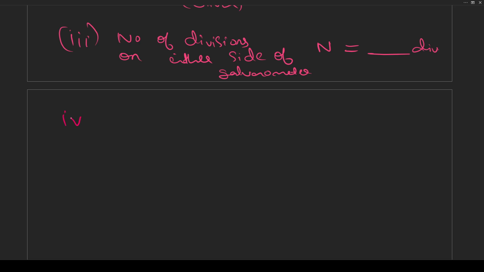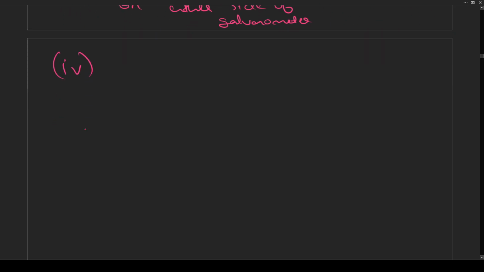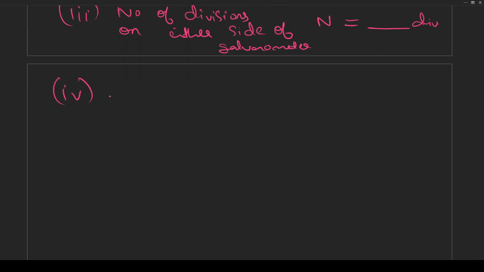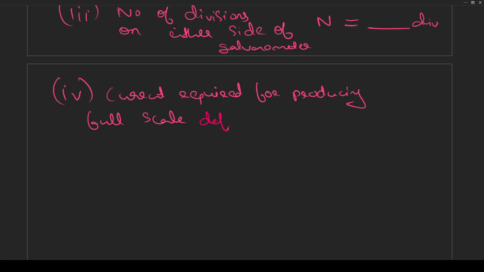Now the fourth one, we need the current required for producing full scale deflection in the galvanometer.